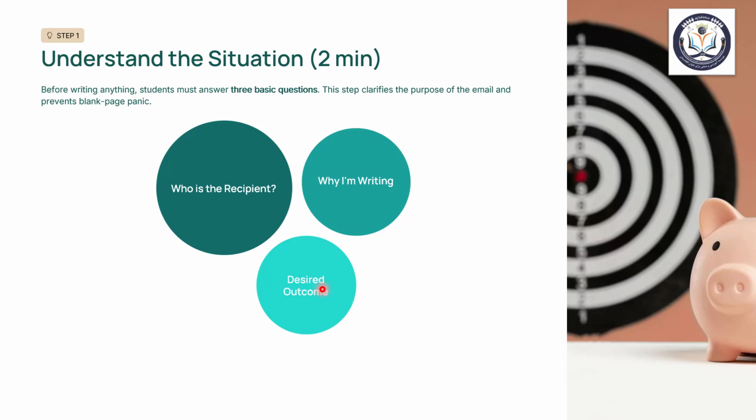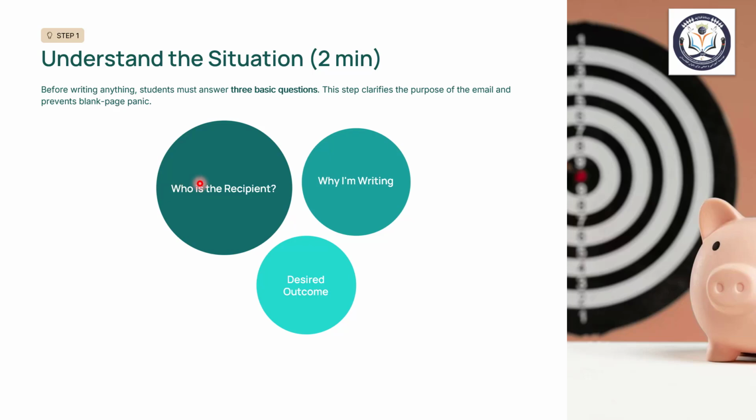When we write our email, what do we want the reader to do for us? What we want the reader to perform in response to our email, or simply what we expect from the reader at the final step. So that's what we have as the desired outcome. Find out what the desired outcome is.